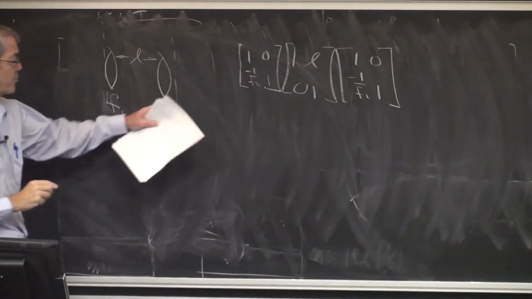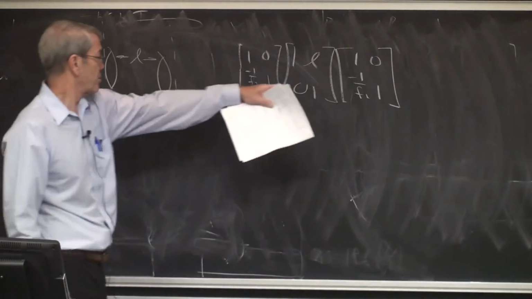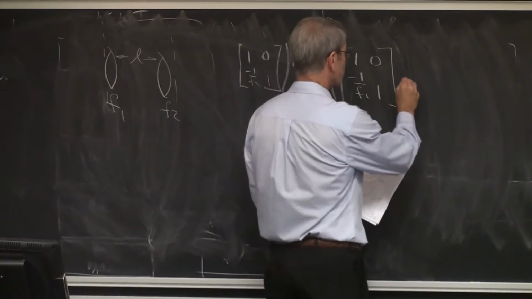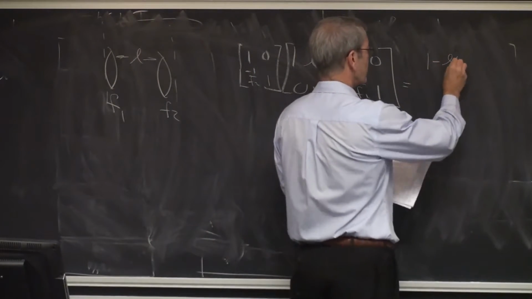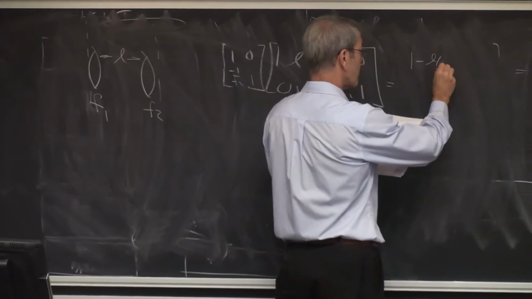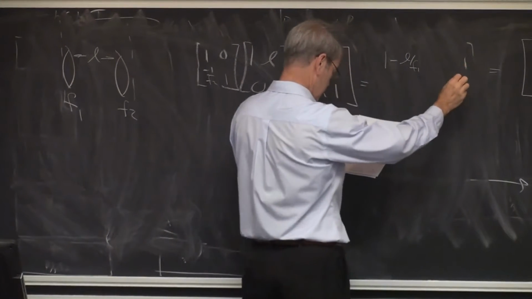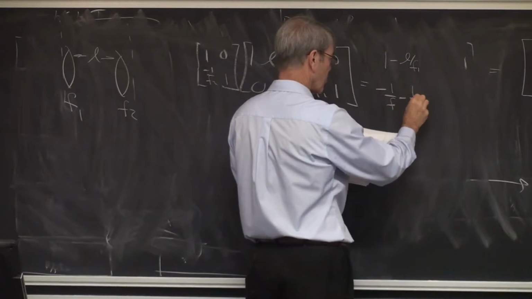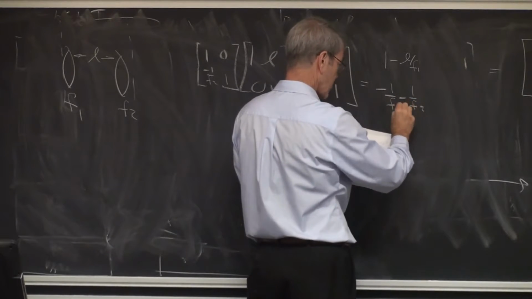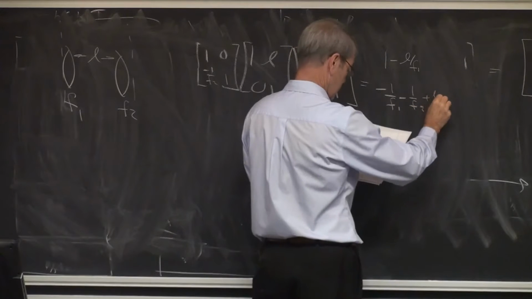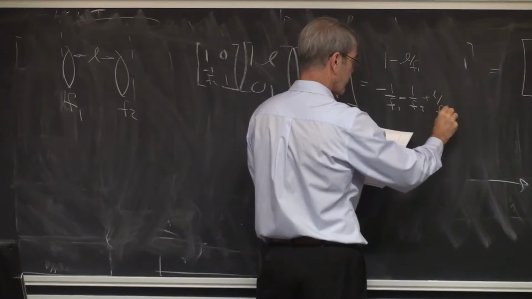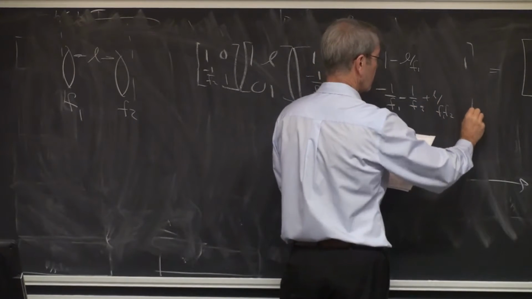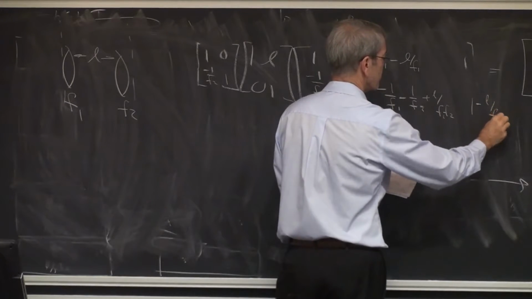And then that'll get you through this thing. You compute that and run it through, and this has a matrix: 1 minus L over f1, then 1 over f1 minus 1 over f2 plus L over f1 f2 (with signs as in the matrix), and finally 1 minus L over f2.